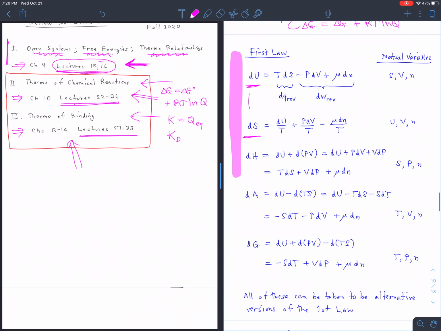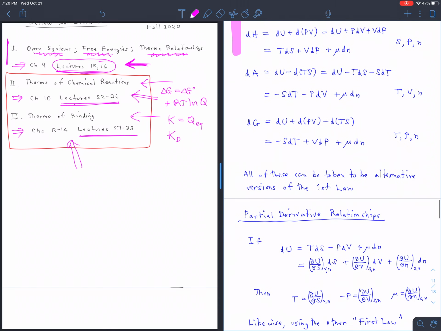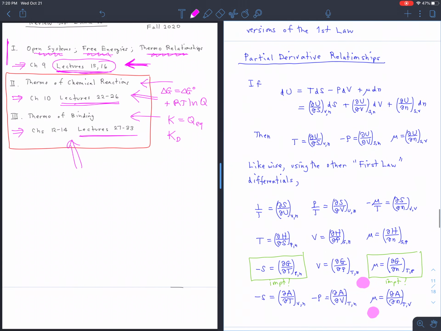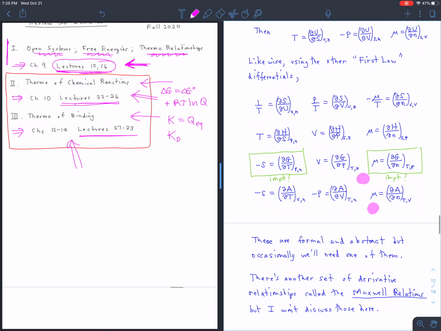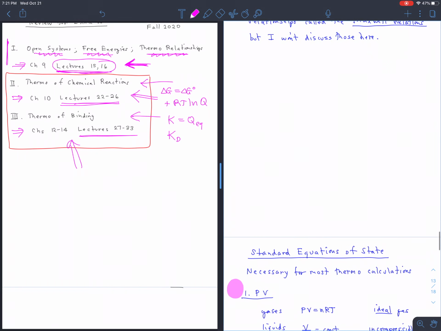These things will be big if you take a thermodynamics class at the graduate level, but less big here. Then there's a whole bunch of partial derivative relationships. We haven't used a whole ton of these, and there's even a whole set of them that I haven't written down at all, but we have used this one, and we've also used this one. From time to time they become important, and it's good to know that they exist. All right, that is that.